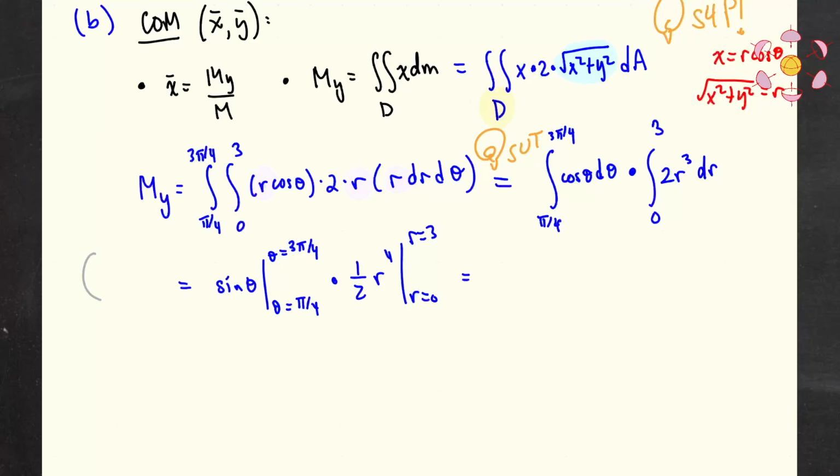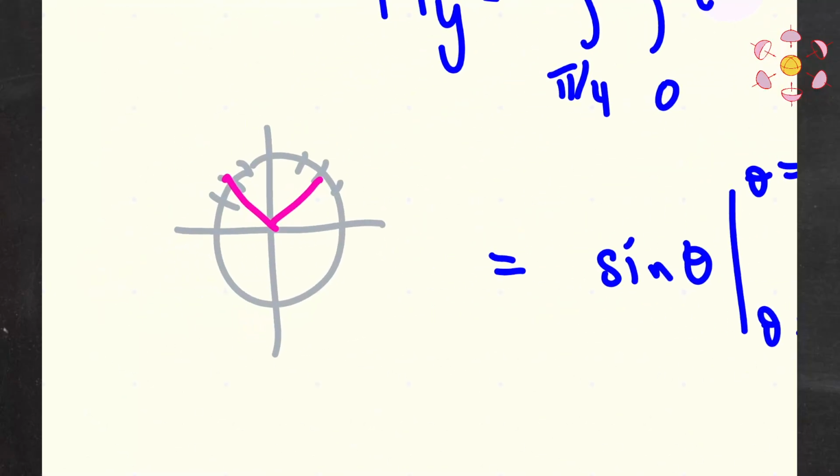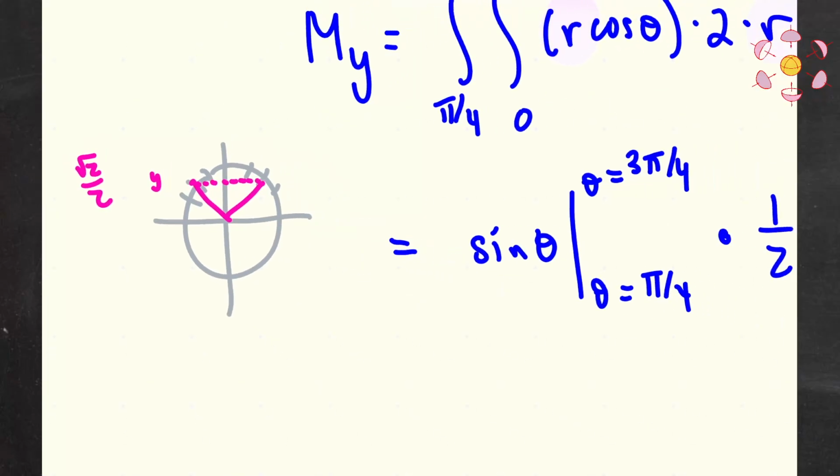Again, you might have this memorized, but I always like to do everything visually. Here's a quick little unit circle. Pi over 4 is over here. 3 pi over 4 is over here. And if I just remind you here, notice that the y values are the same. And in this case, they happen to be root 2 over 2.